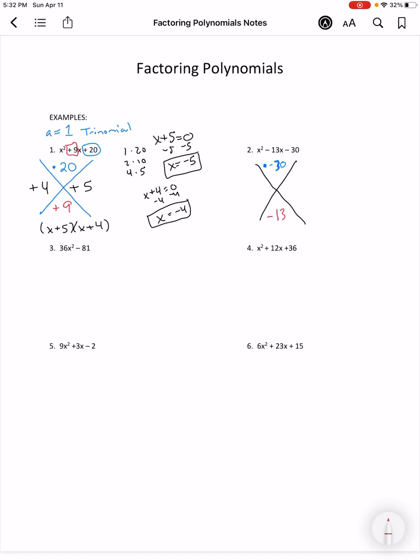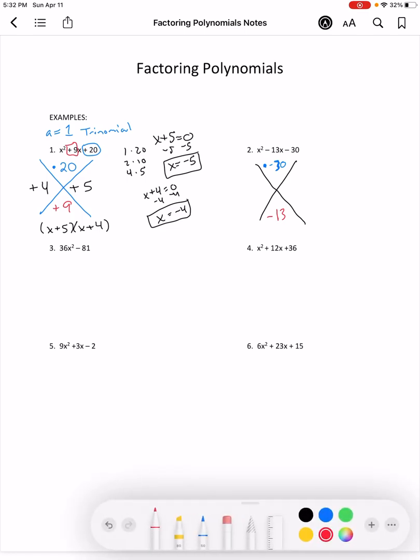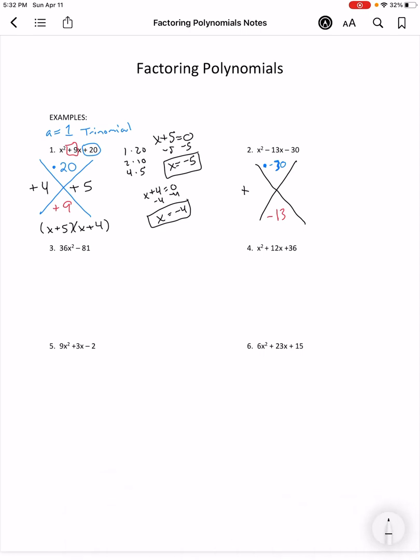What that tells me is when that last number is negative, one of my factors is going to be positive and one is going to be negative, because a negative times a positive makes a negative. So I need 2 numbers with different signs that are going to add up to negative 13, or in this case, really what I'm saying is they're going to subtract and make 13.